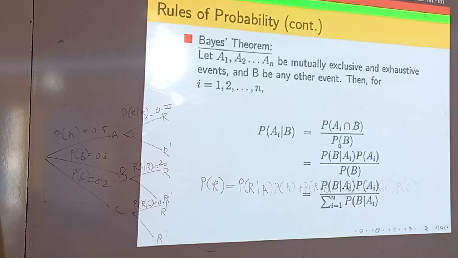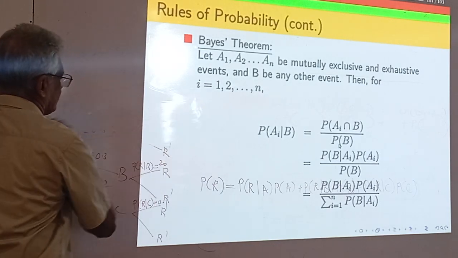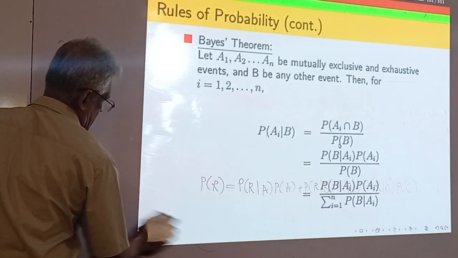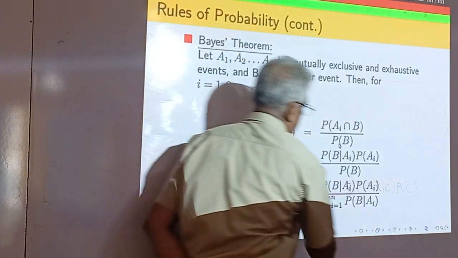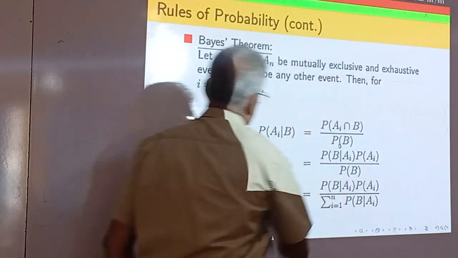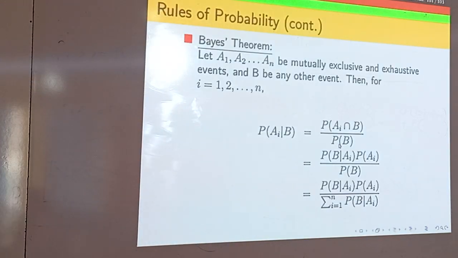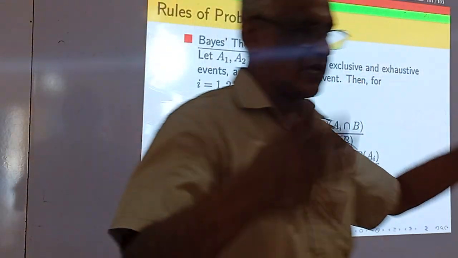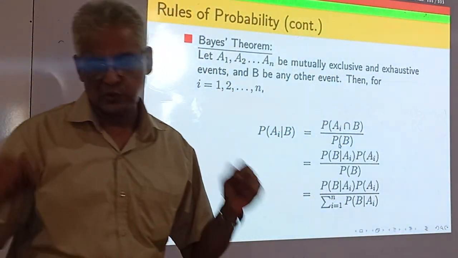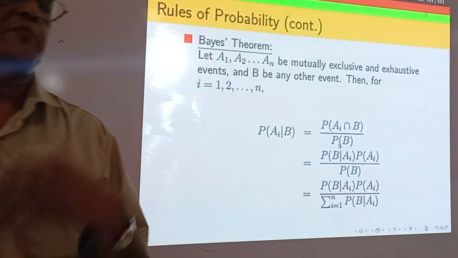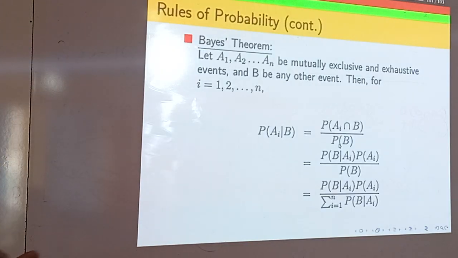Right, so the last one, Bayes theorem. We use Bayes theorem in the same situation, the same conditions have to hold. There should be some A1 up to An mutually exclusive and exhaustive events. B is any other event in the same sample space. Right?